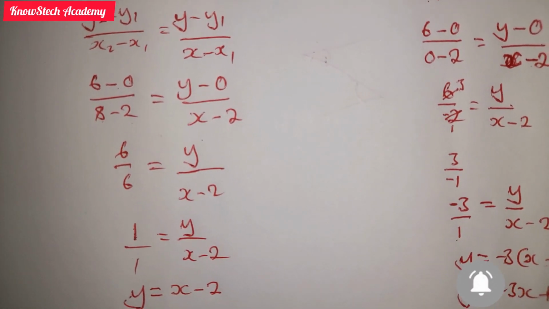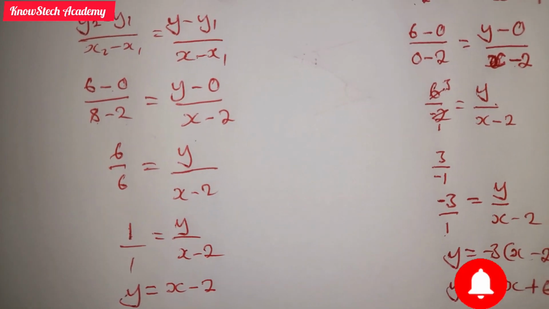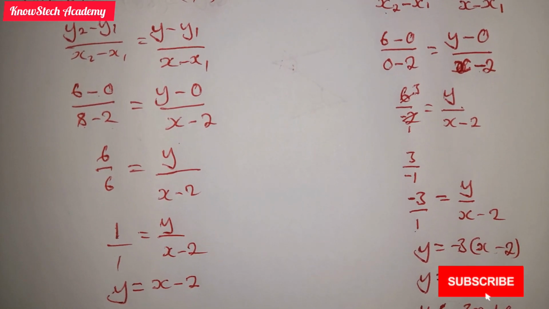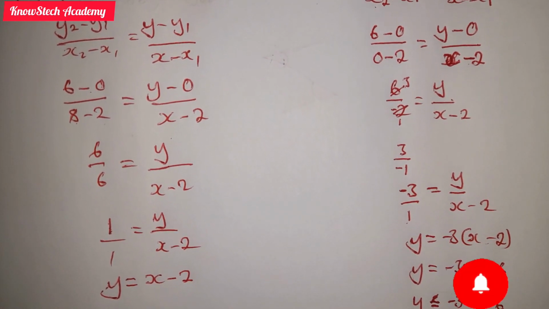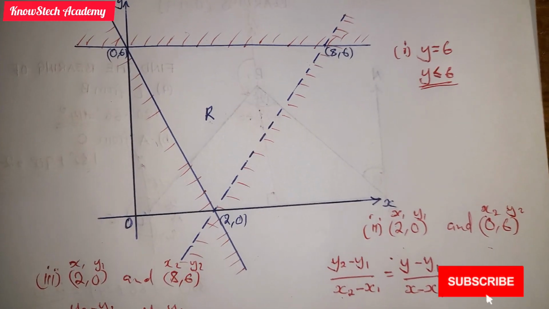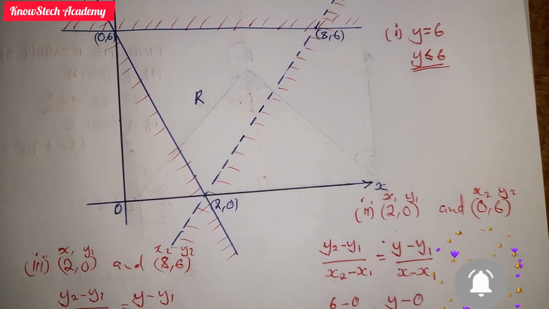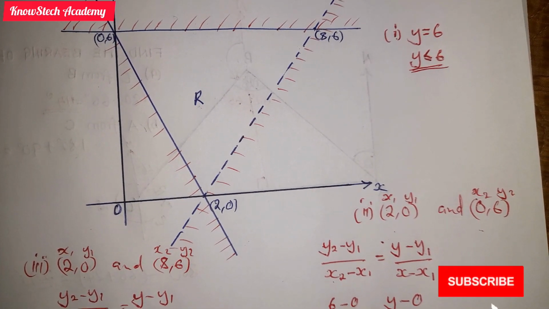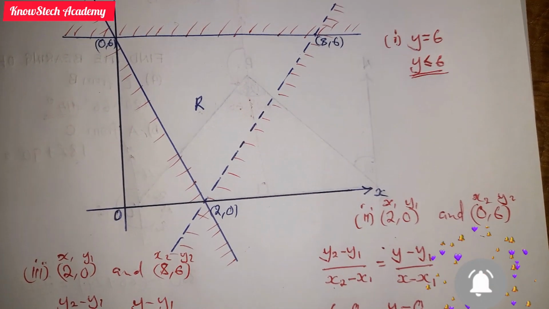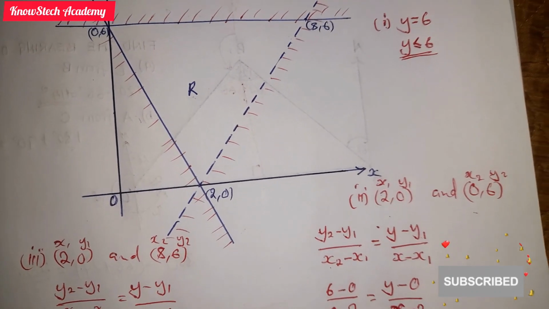This is not the answer, but we have to make sure that the inequality is correct. When you look at the question here, the shading is on the less than part, so the inequality should be on the greater than.